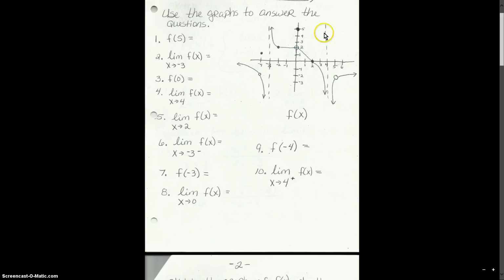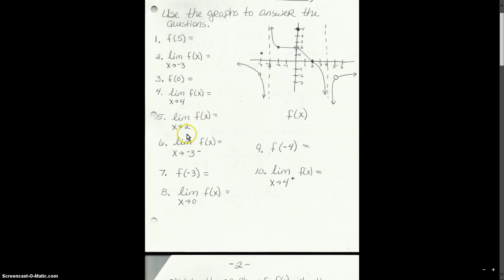If we approach from the right-hand side, that's this part of the function, and it looks like I'm going downwards towards negative infinity. If I approach from the left-hand side, that's this piece right here, and it looks like I'm going downwards towards negative infinity. Negative infinity is indeed equal to negative infinity. Therefore, my answer for number 4 is negative infinity.